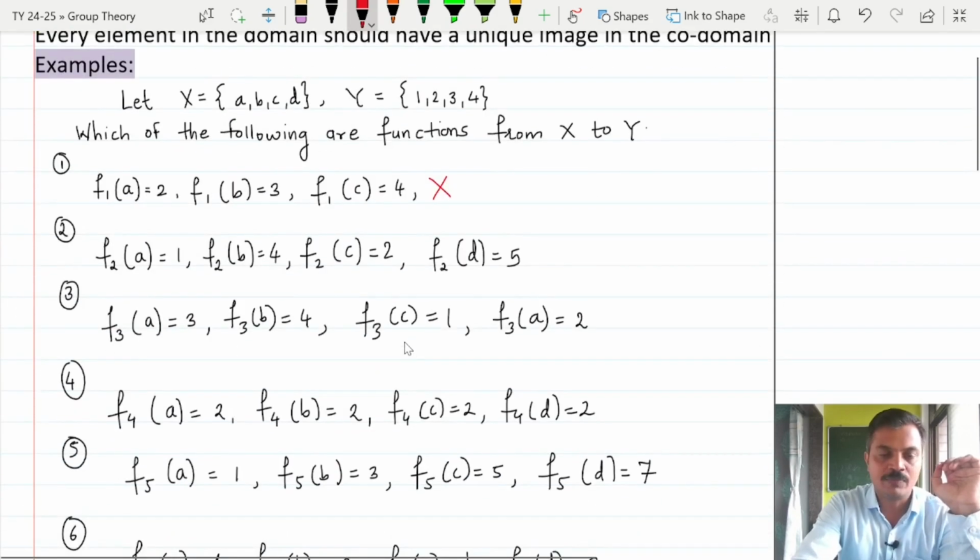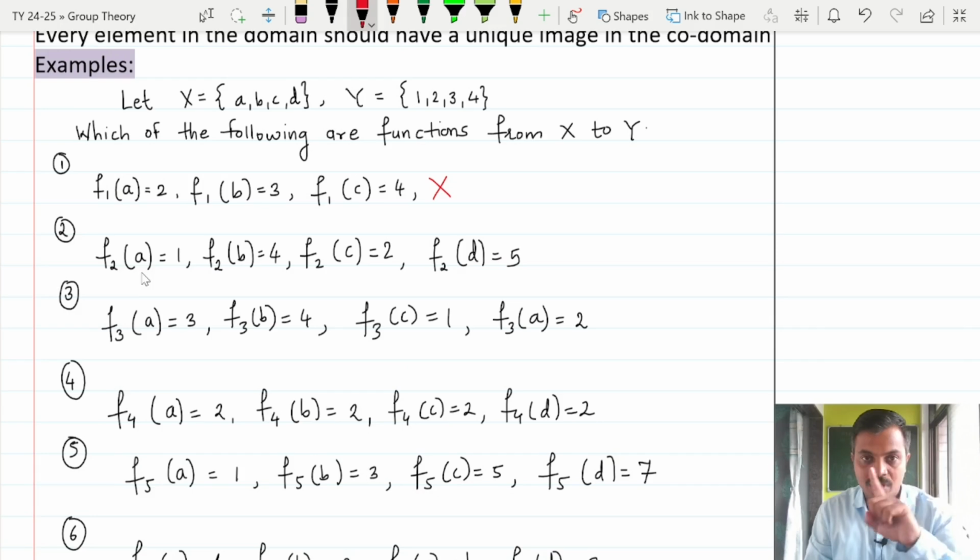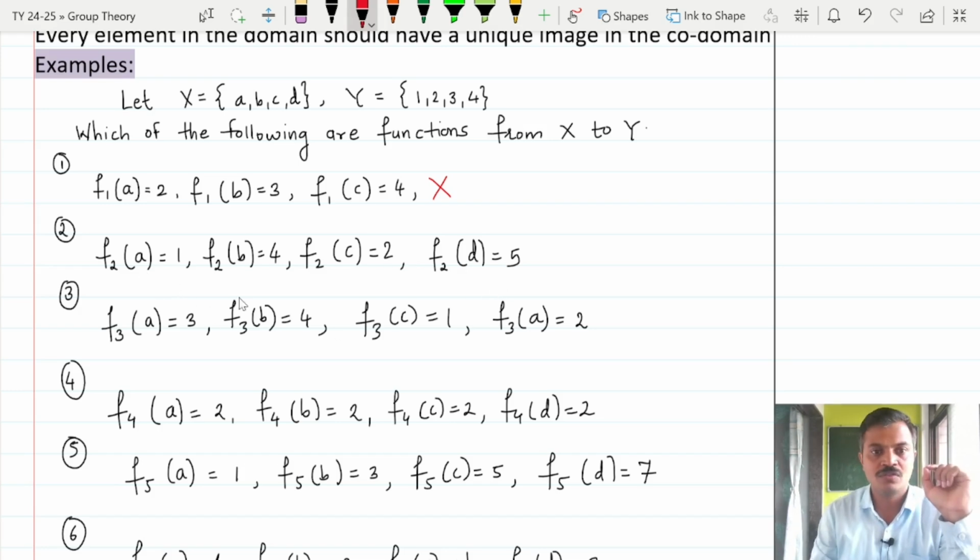Moving towards the next example, here we are having F2. So A has an image, which is 1. B has an image, which is 4. C has an image, which is 2. And D also has an image, which is 5. So every element in the domain does have an image. The image is unique as well because A has only one image, B has exactly one, similarly C and D. So will it be a function?